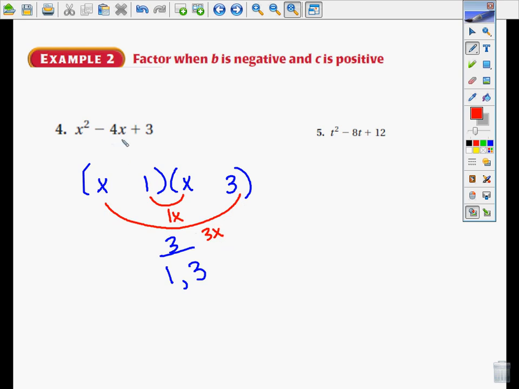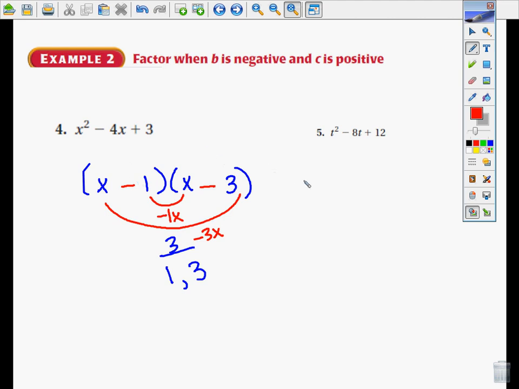I need a negative 4x here. So these both have to be negative, and to make them both negative, I just put subtract, subtract. Because here, negative 1 plus negative 3 is negative 4, and negative 1 times negative 3 is positive 3.